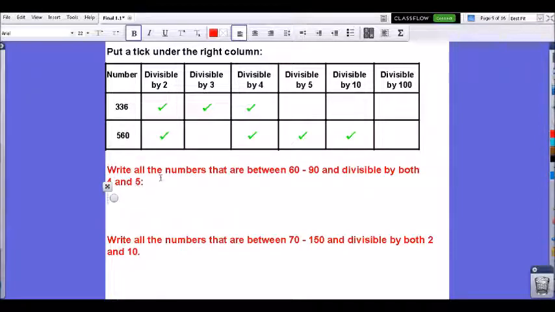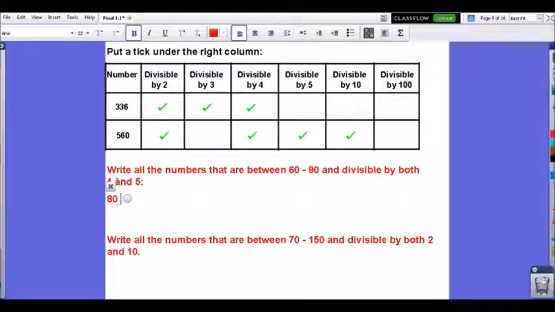All right. 80 is divisible by 5, of course. But is it divisible by 4? Yes. 80 divided by 4 is 20. I can divide it 2 times by 2. 80 divided by 2 is 40. Divided by 2 is 20. So 80 is the first number that we have here. 85, no. 90, yes, it's divisible by 5.